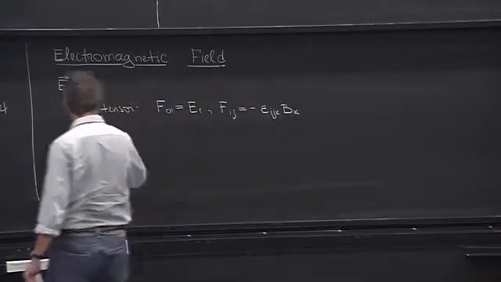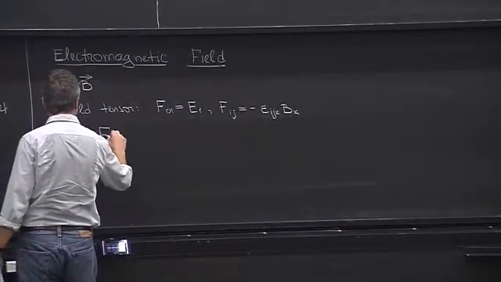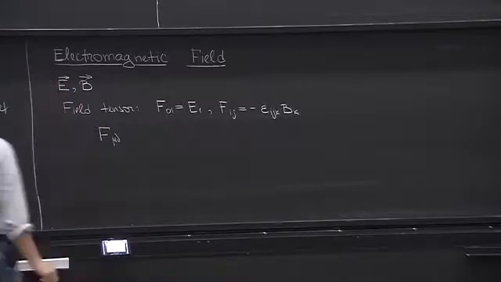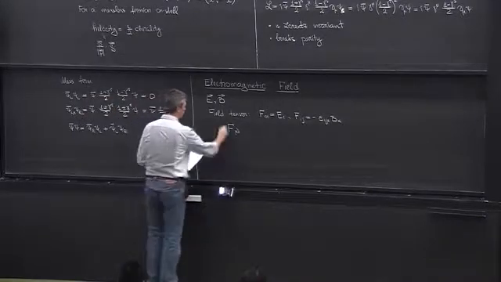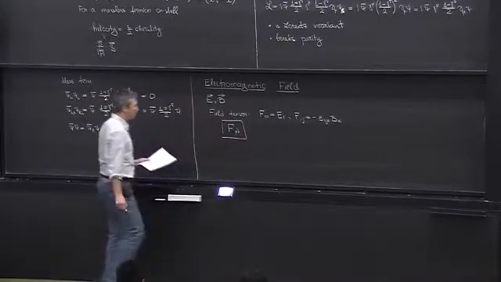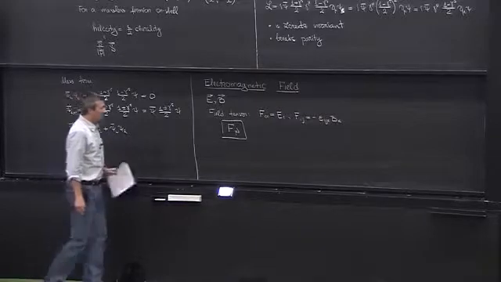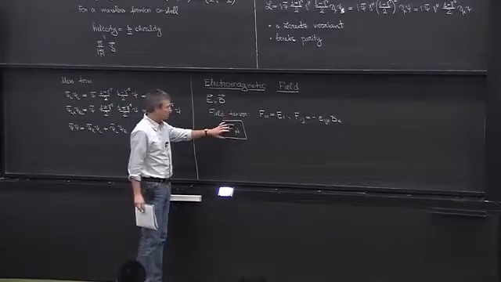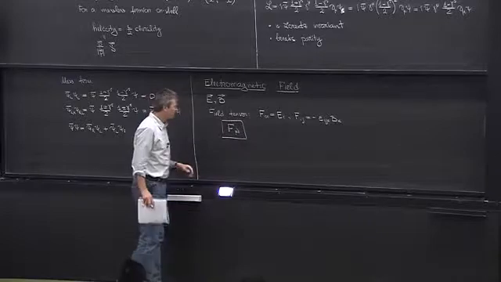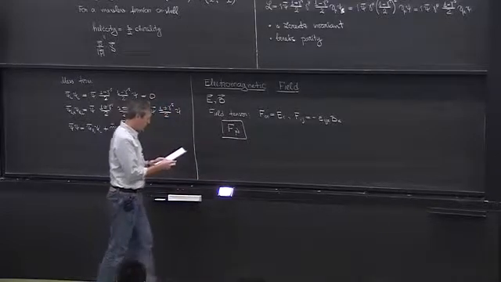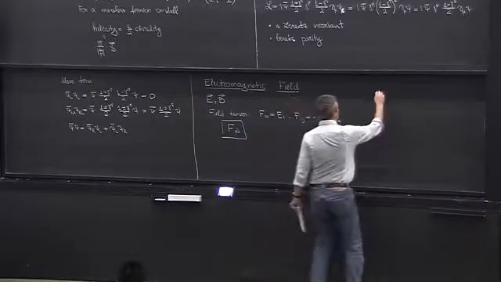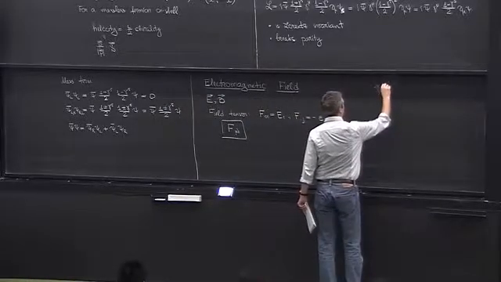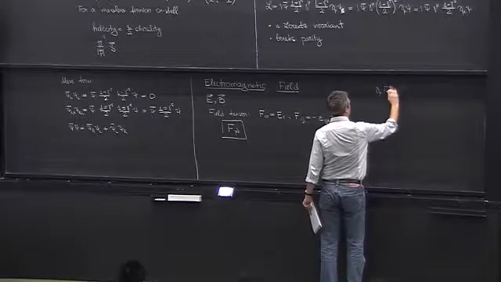In total, the electric and magnetic fields form one quantity that has two Lorentz indices. And then for this quantity, one writes two types of equations. One equation is this one: the covariant divergence of F mu nu is 0.